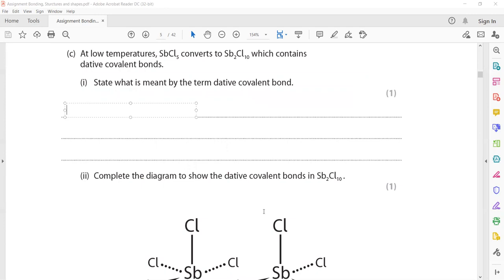It involves a shared pair of electrons, shared between the two atoms, coming from the same atom. Then we call that a dative bond.